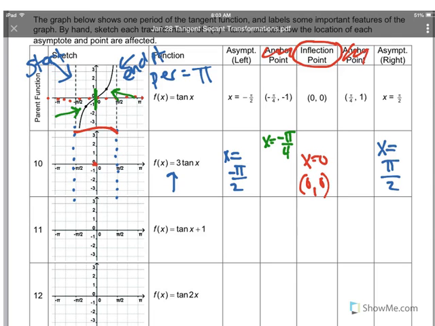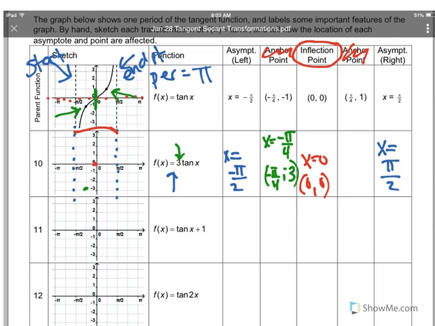Now, normally we would be at negative 1, but I have this vertical stretch of 3. So instead of going down 1, I'm going to go down 3. So I would have a point at (negative pi over 4, negative 3).